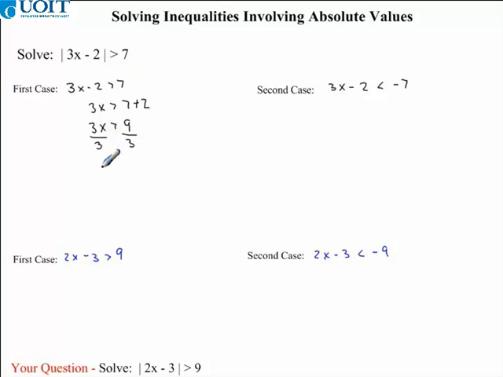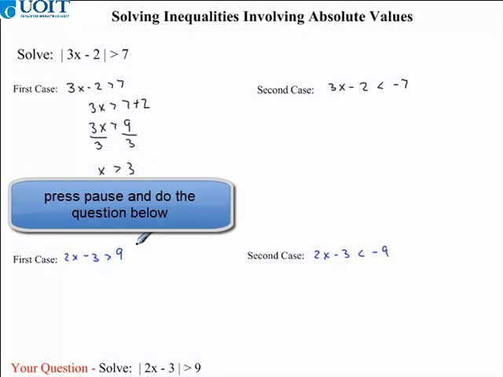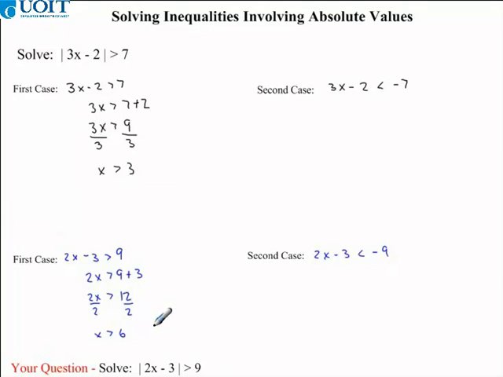These 3's divide out to 1, so we're left with x is greater than, and 9 divided by 3 is 3. I would now like you to solve for the x in the first case of your question. Here's the answer you should have got.